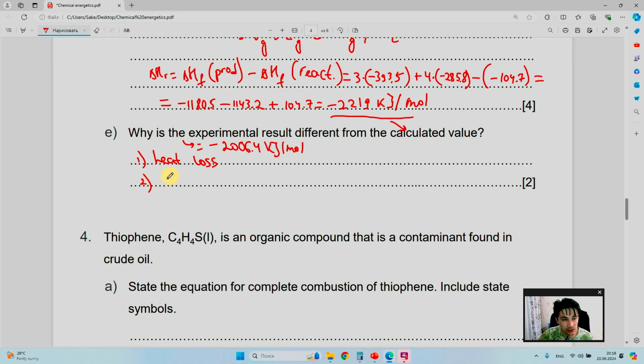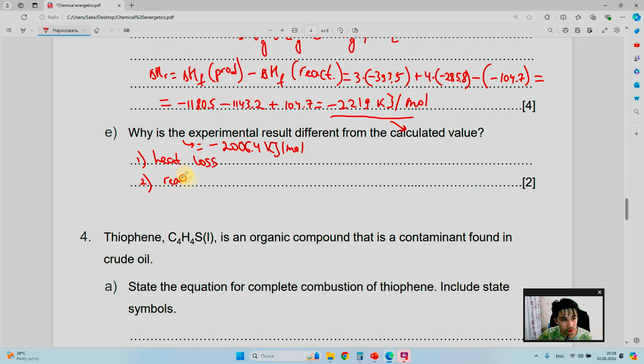Secondly, even if you carry out this experiment in a perfect calorimeter with 0 heat loss coefficient, so you're probably also not having the exact value, maybe very close to it, but again there will be some inaccuracies, and this is explained by the reaction that is not taking place completely. So you can actually write down here that combustion reaction was not complete.